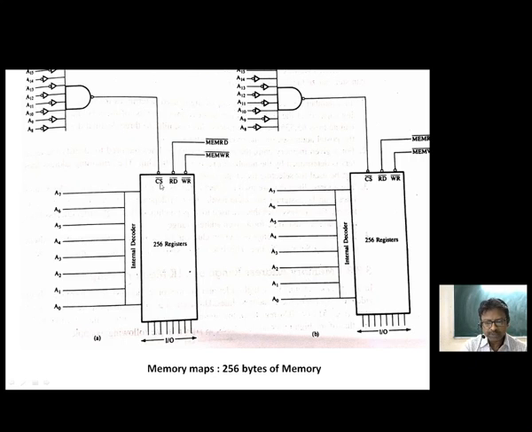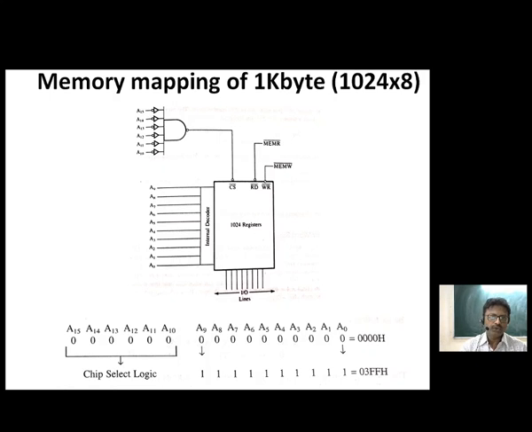But it may be possible that if the number of registers is more in a particular chip, then the number of address lines required to select the individual registers of the chip will be more than the number of lines available for selection of the chip. So how can the memory mapping of 1 kilobyte be done?